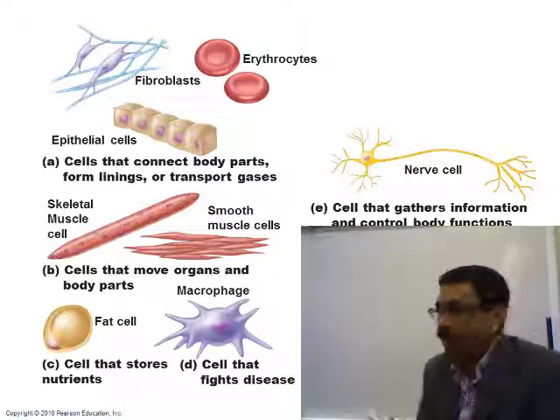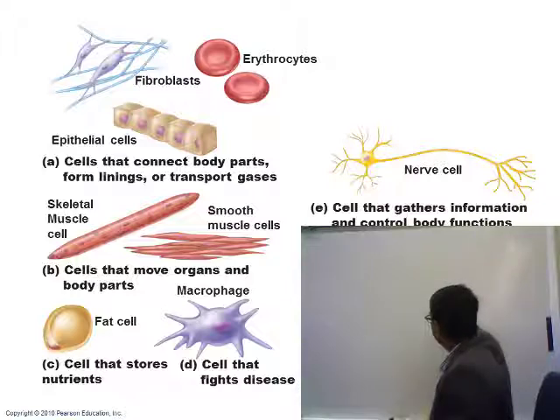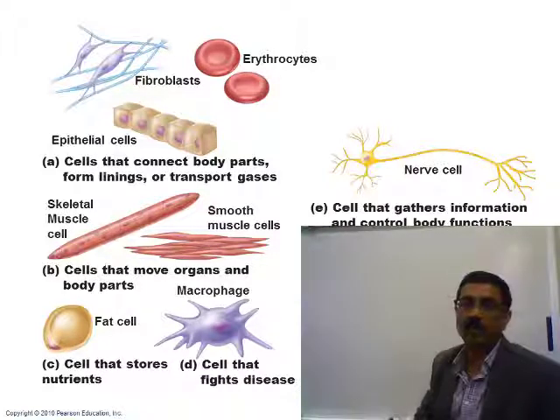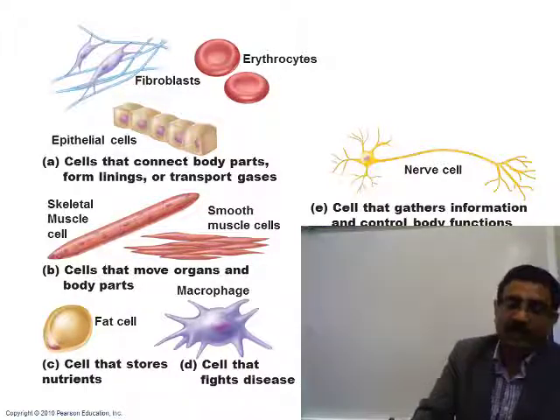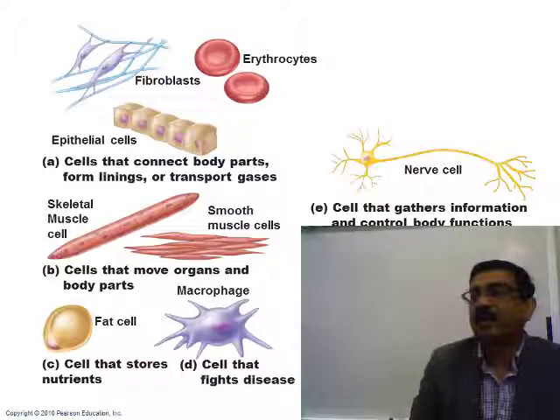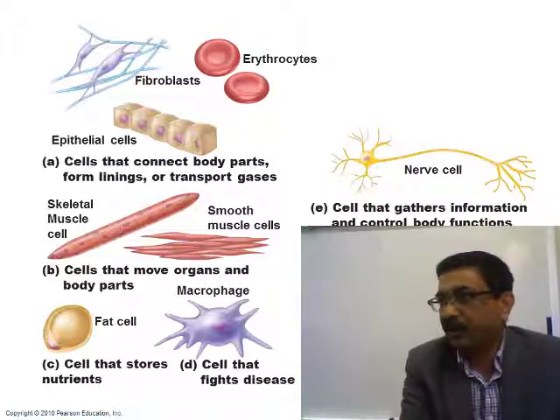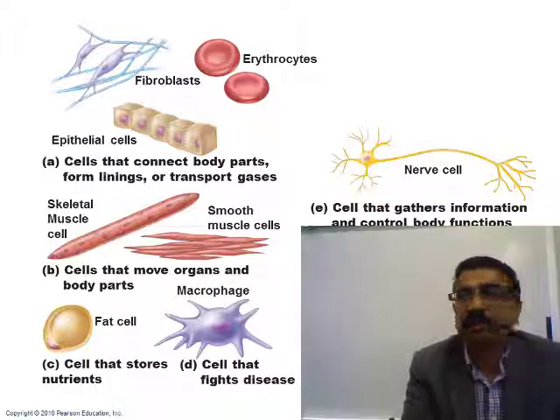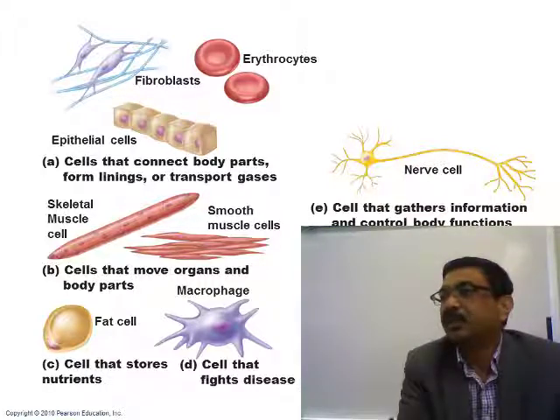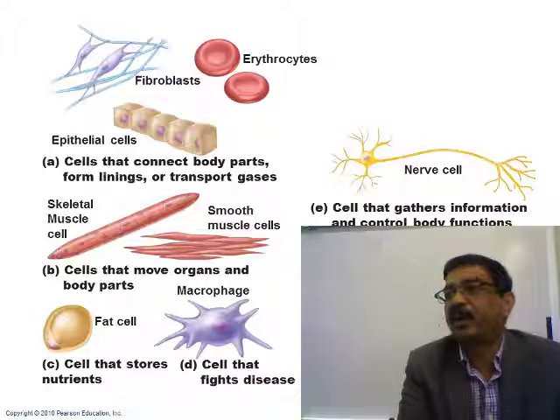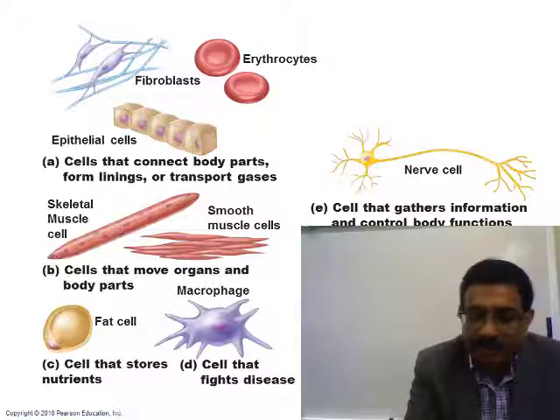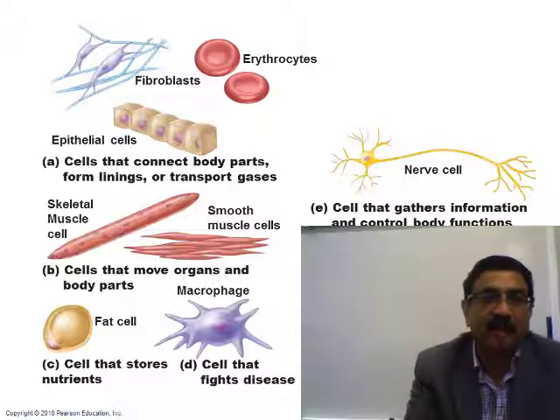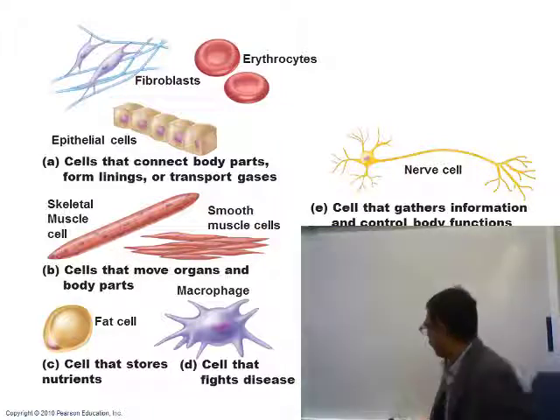Erythrocytes are round, flat, round but flat, and the color is red. Erythrocyte or red blood cell color is red, and function is transport of oxygen. Cuboidal epithelial cells are cuboidal in shape.